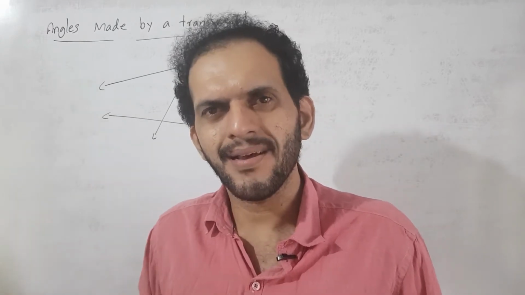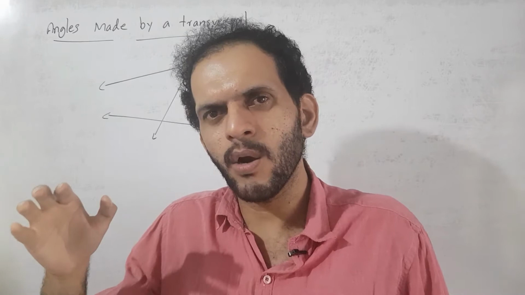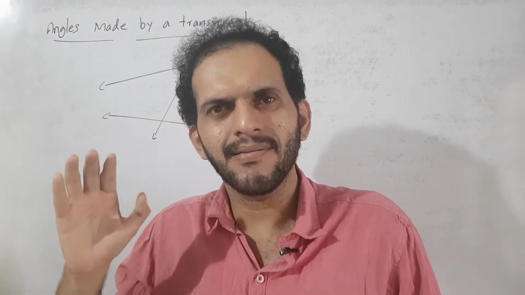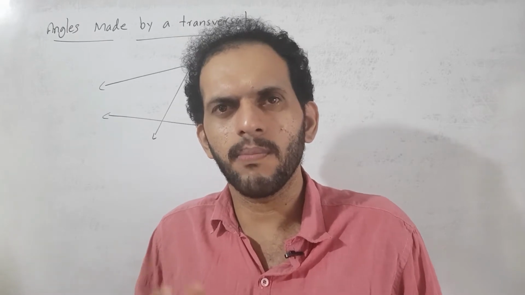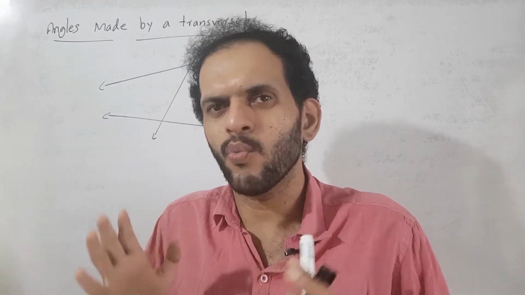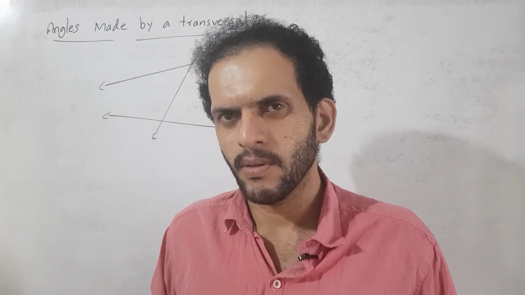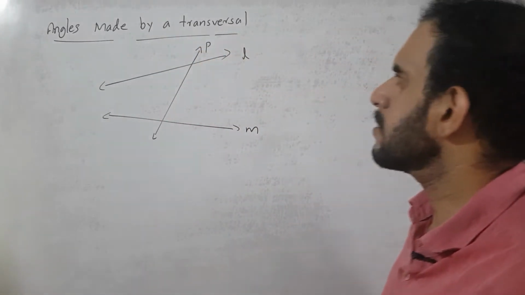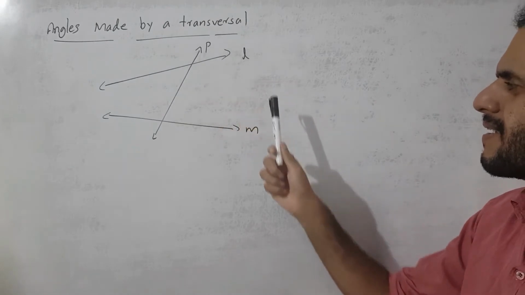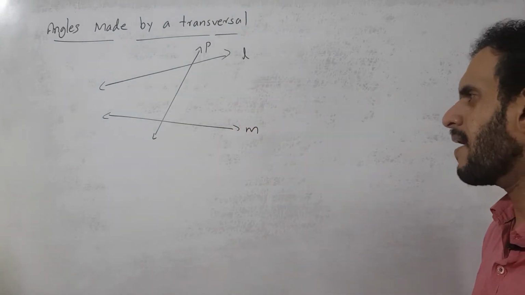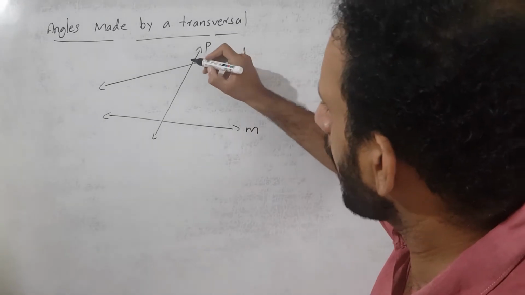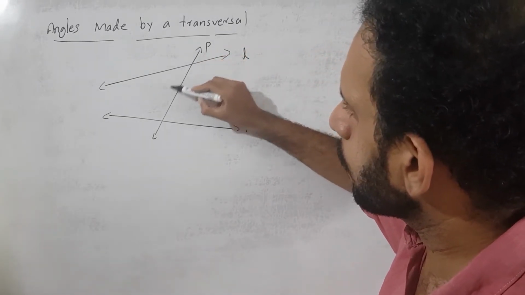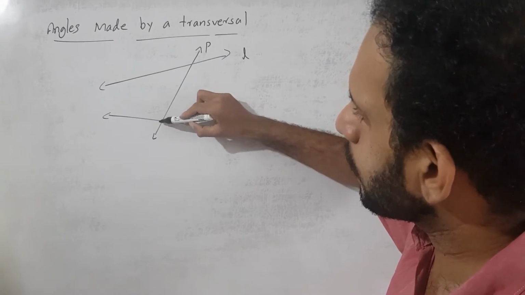Now we are discussing what the positions are and what the names are. You must learn these angle names and positions very well, because they are very important. Clear? So here, the transversal P intersects the lines l and m. Then there exist angles. How many angles? 1, 2, 3, 4, 5, 6, 7, 8.